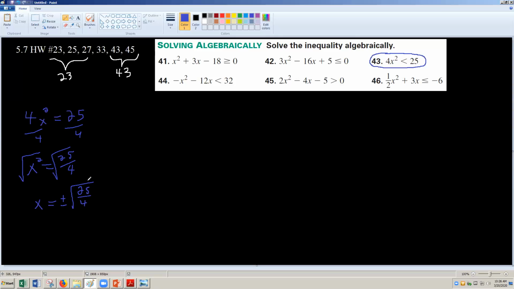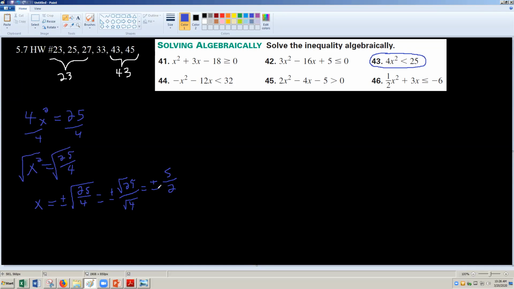So I'm going to split my root into root 25 on top and root 4 on the bottom. These happen to be two very nice square roots. Thank you, math. So here I get 5 and 2.